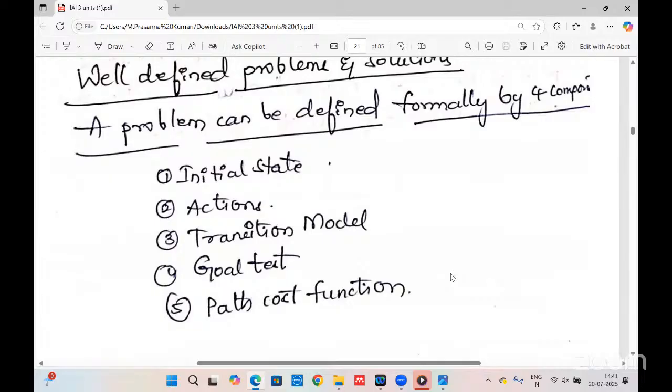What is this N-Queens problem? Here we have queens. If suppose N equals 4, we take 4 rows. Very good. Now what do we have to do?